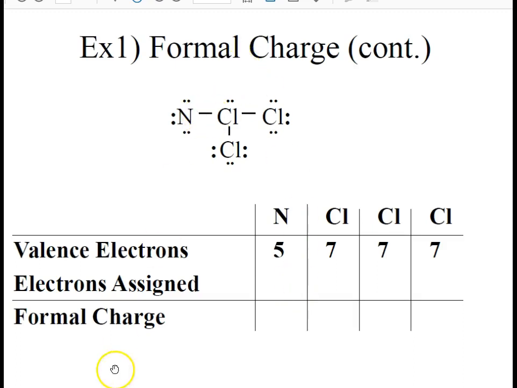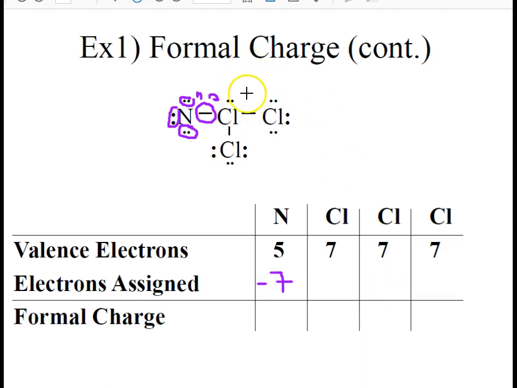So nitrogen has 1 bond to it. And we know that's 2 electrons, but we're going to pretend that one of them belongs to nitrogen and one of them belongs to chlorine. So that means that nitrogen has 1, 2, 3, 4, 5, 6, 7. If we count 1 from that bond, 7 electrons assigned to it. So 7 go there. Okay, and we're going to subtract these.